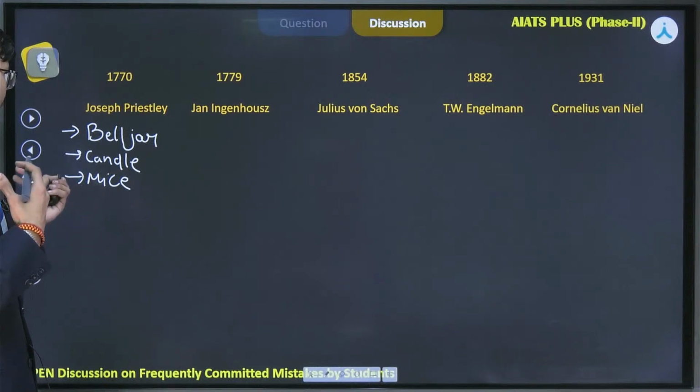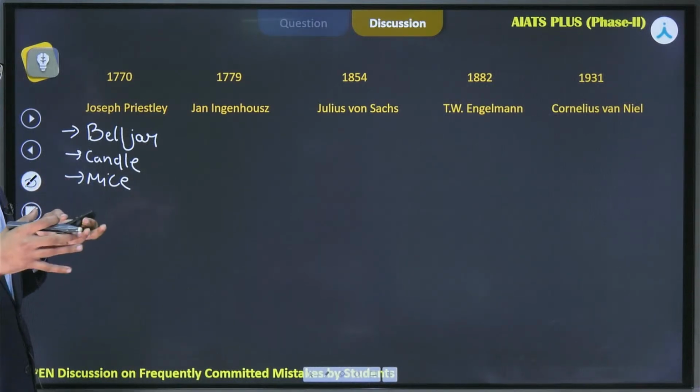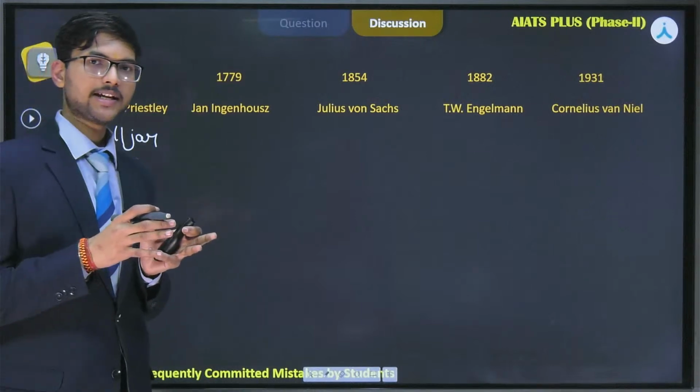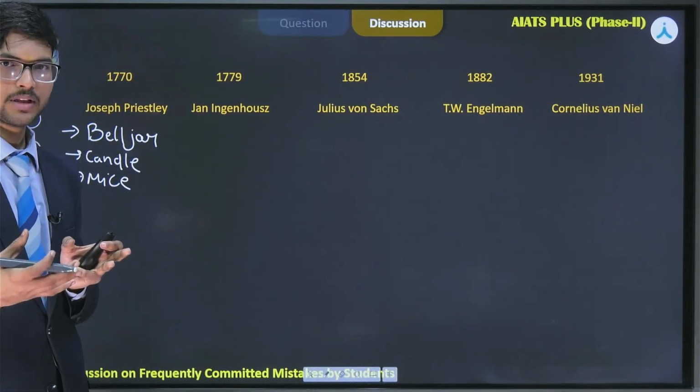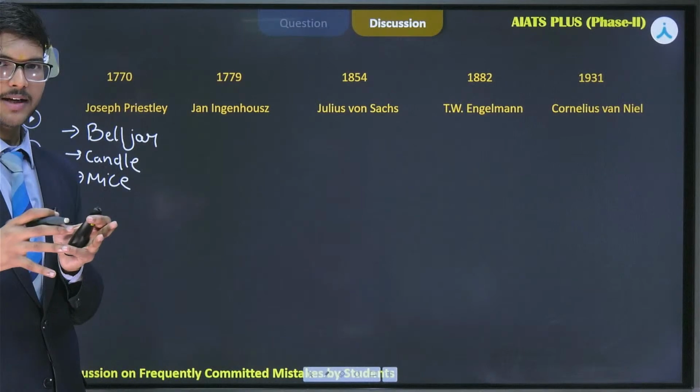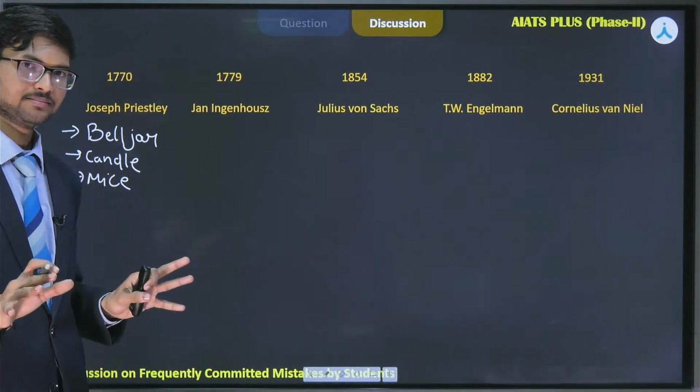He was intrigued that when the bell jar contained the candle, it got extinguished after a certain while. When the mice was kept in the bell jar, the mice got suffocated and died.